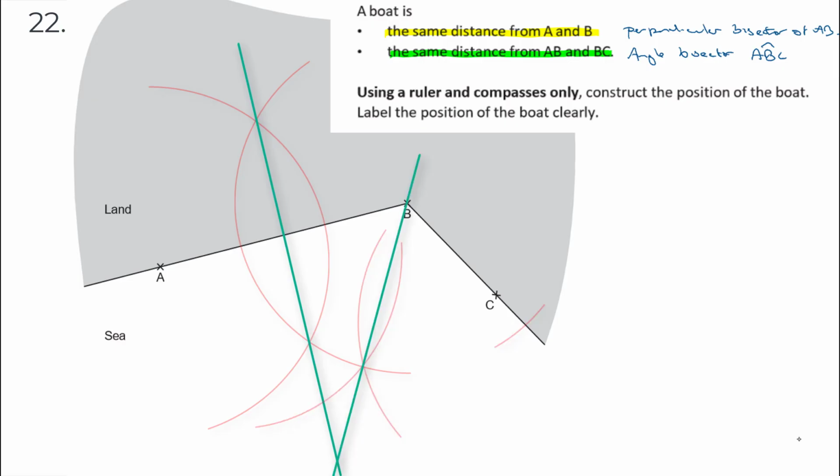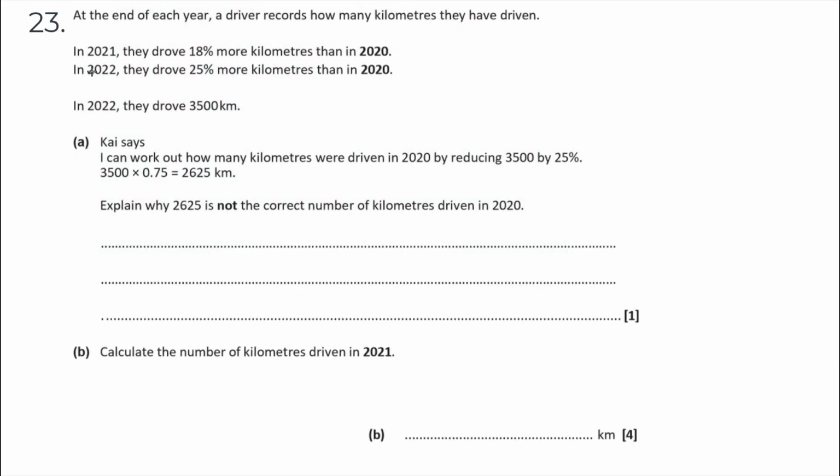So the boat needs to be somewhere on that line as well. Given that it's on the angle bisector and also on the perpendicular bisector, our boat must be at this point here. Marking that on the diagram, I'm going to write boat here. Okay, job done.